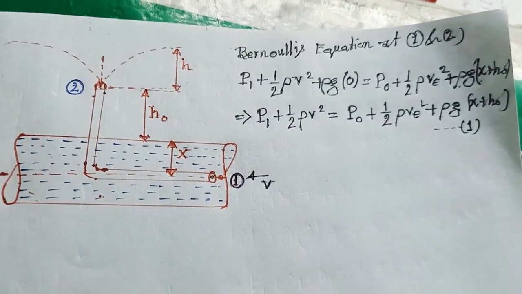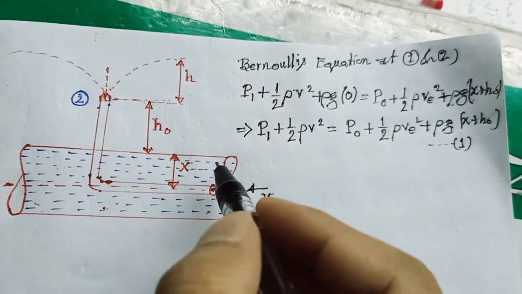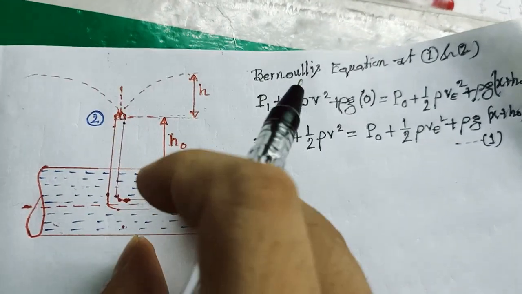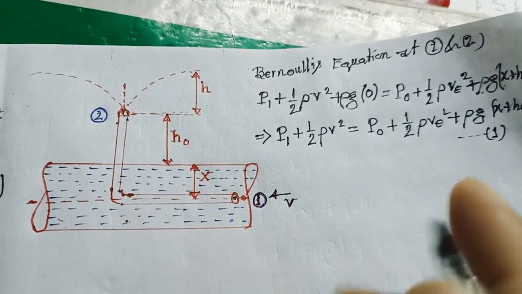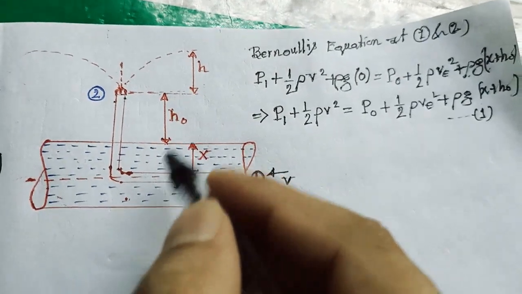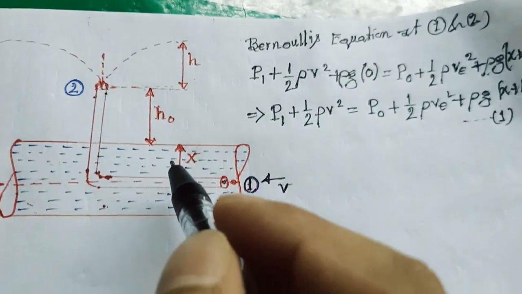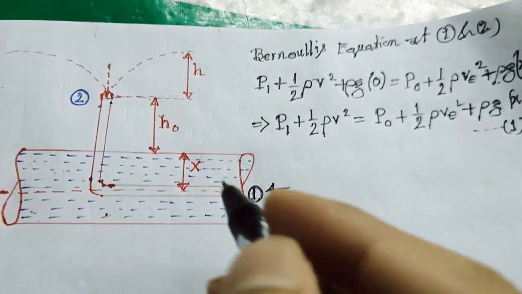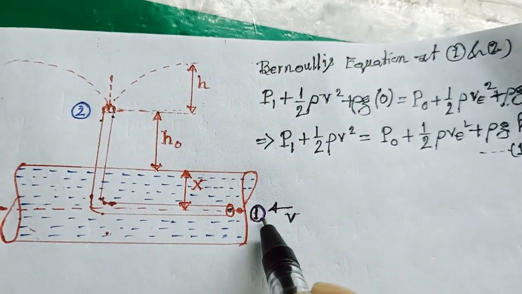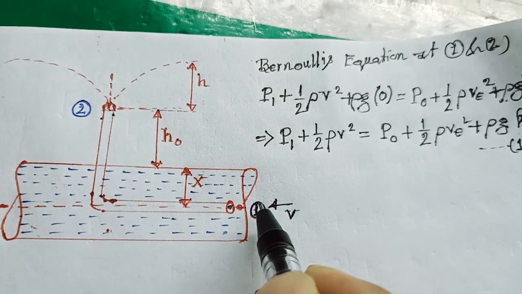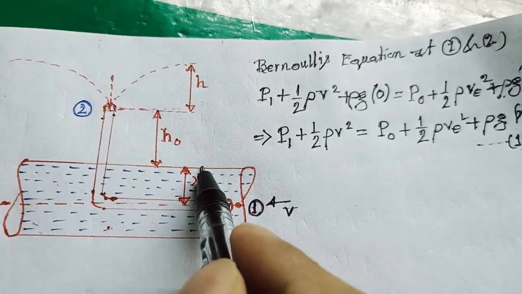Now we can see this, as this is a closed tube filled with a liquid, so pressure at every point on the liquid or fluid at the same level is equal. So pressure at point 1 will be equal to pressure at this point.